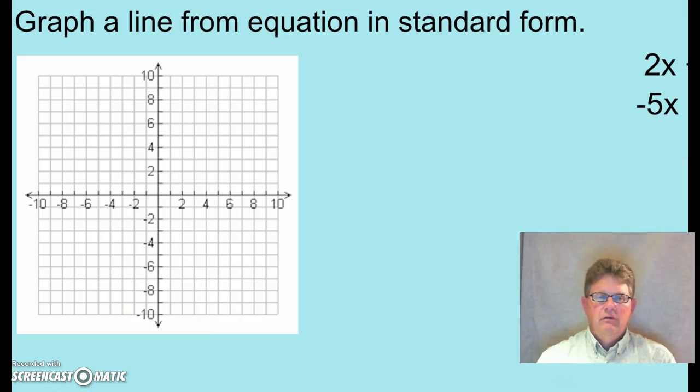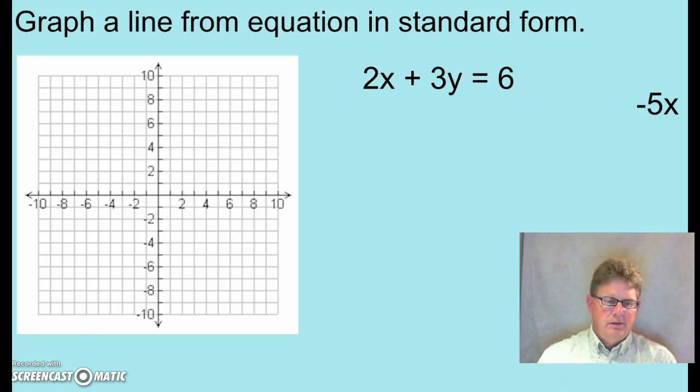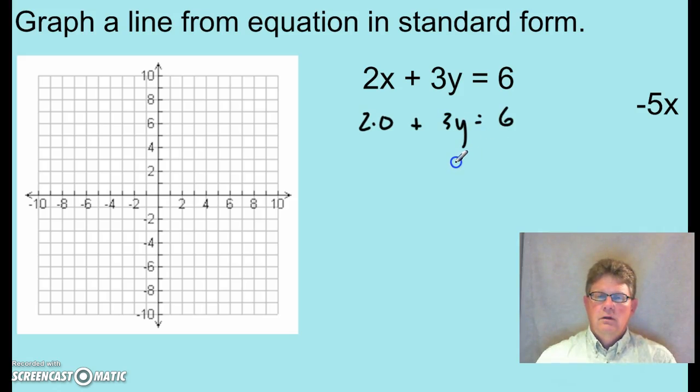Graph a line from an equation in standard form. This is definitely going to be a little bit different, but hopefully it won't be too bad for you. To find the y-intercept, replace x with a 0. So 2 times 0 plus 3y equals 6. That makes 3y equals 6, y equals 2.